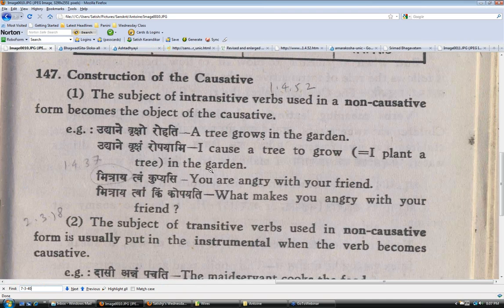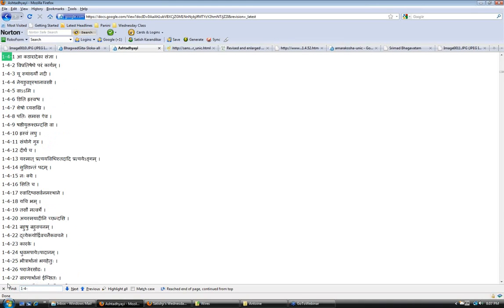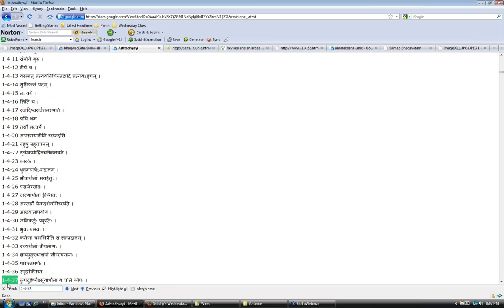So it's an akarmaka dhatu. The second one is mitrayatam kupyasi. So you're angry with your friend. Of course, here the sampradana sanya is by 1437, because certain dhatus are mentioned in 1437. Let's go to that one for a second. 1437 says krudha, druha, irsha, asuyarthanam yam pratikopaha.